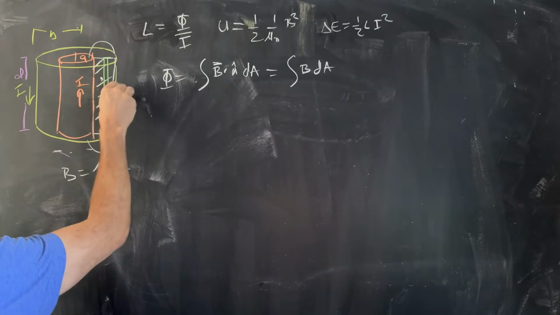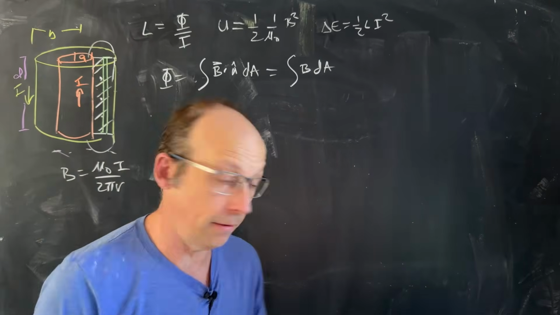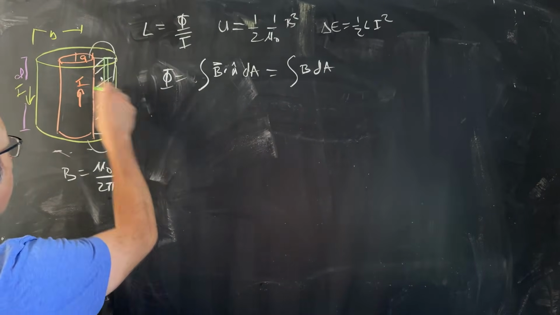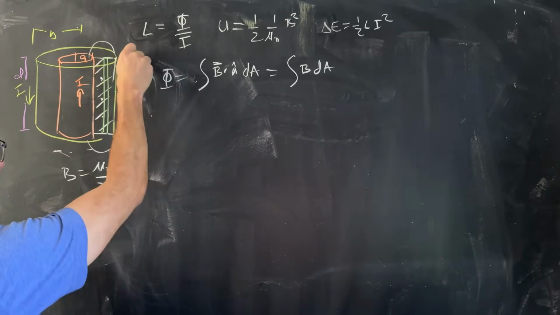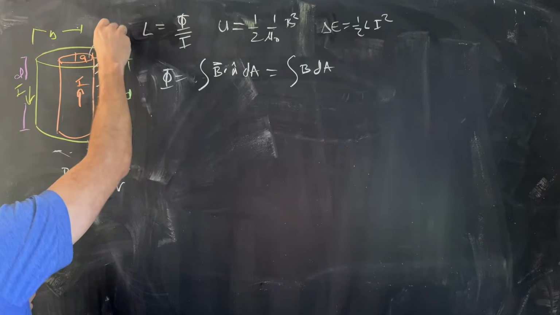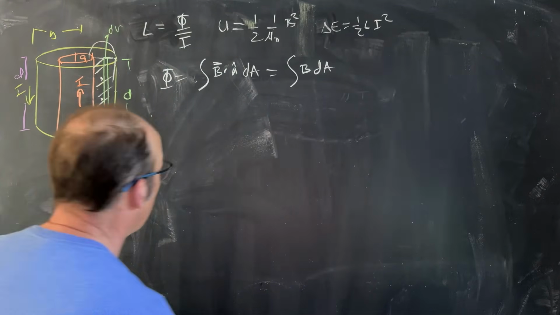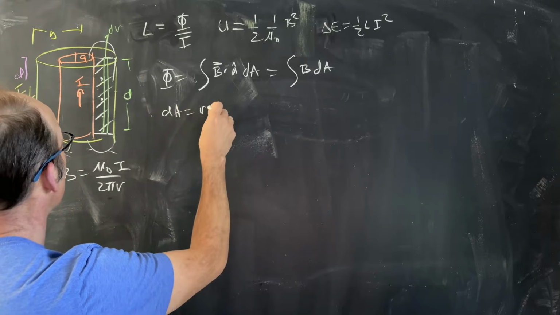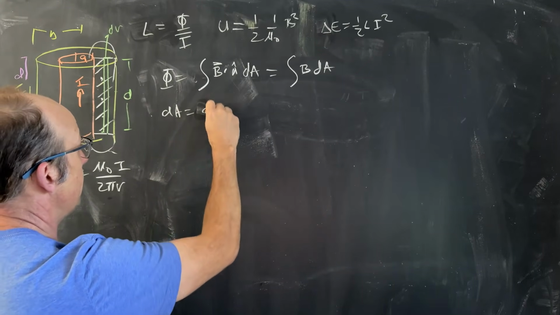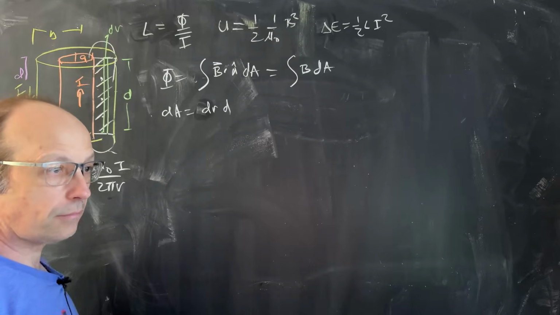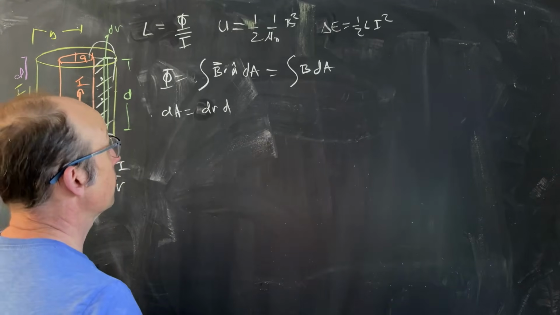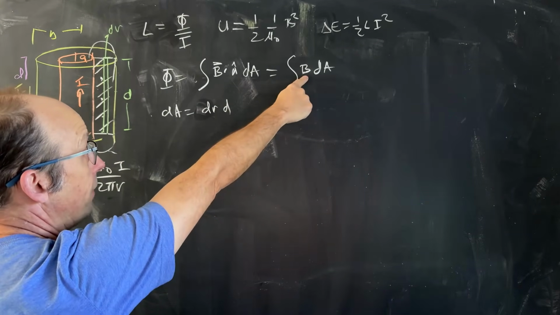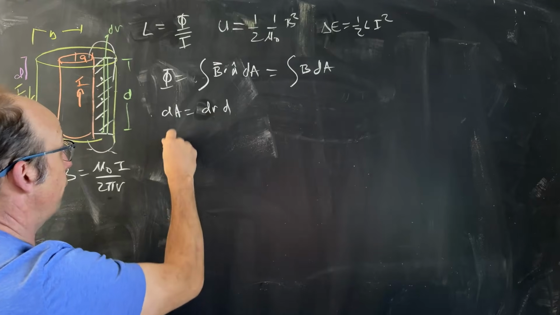So if I add up those long, skinny rectangles, I get the whole area. Now, the length of this is the length of my coaxial cable, d, and the width of that is dr. So I can say dA is r, no, it's not. It's d dr, right?